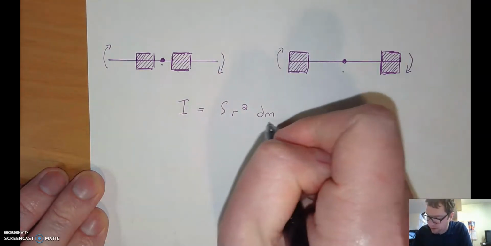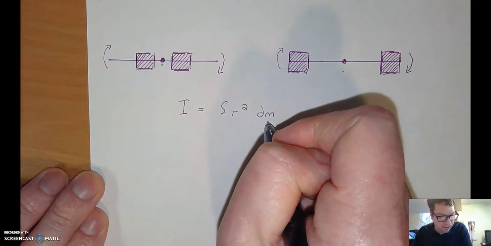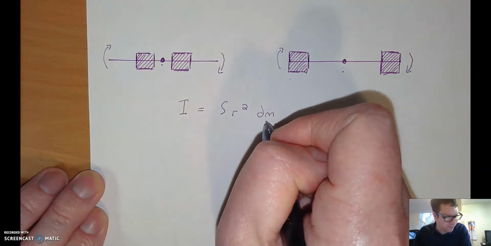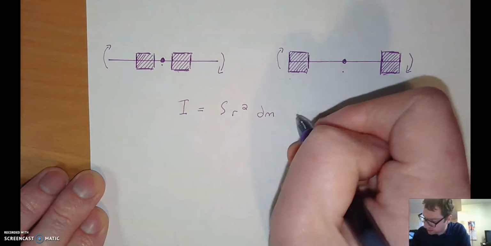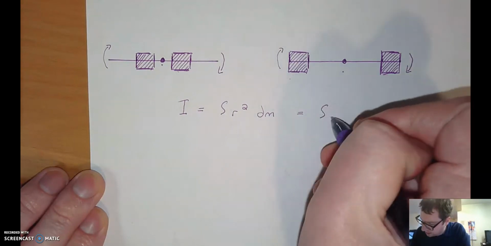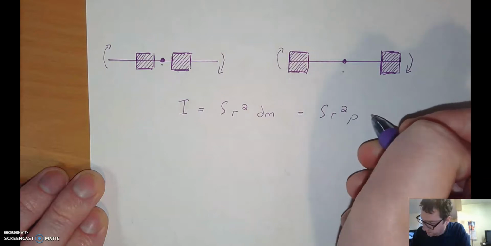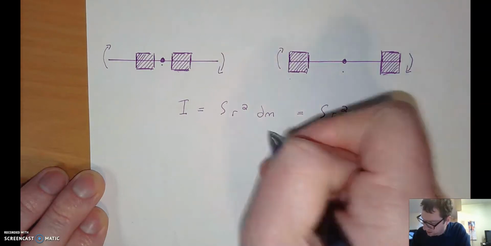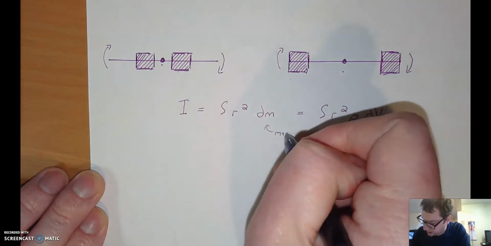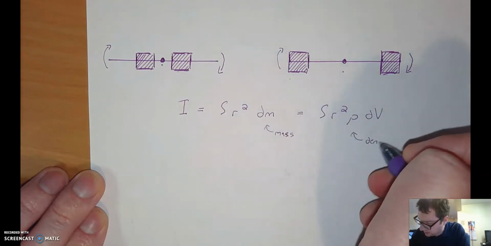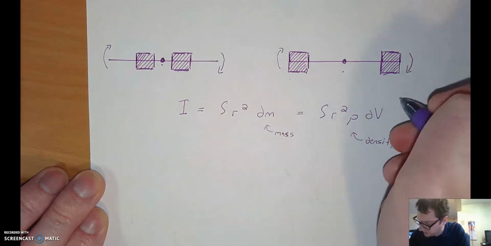If the thing that we are finding the mass moment of inertia of has a constant density, then we can rewrite this as integral r squared rho dv. So this is mass, this is density, and this is volume.